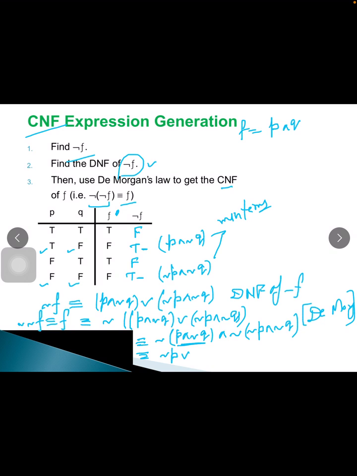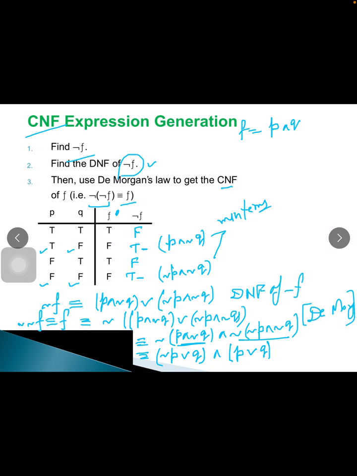Here you use the involution law. According to the involution law, the negation of negation Q becomes Q. So it is negation of P or Q. Now again you use De Morgan's law with the double negation, or involution law: negation of negation P becomes P, or negation of negation Q becomes Q.